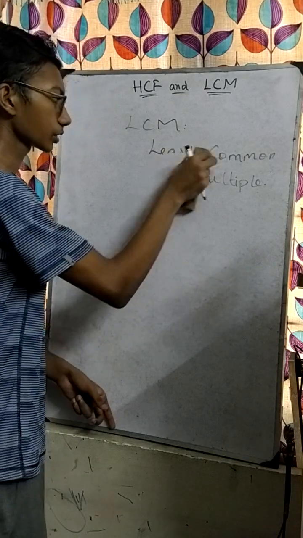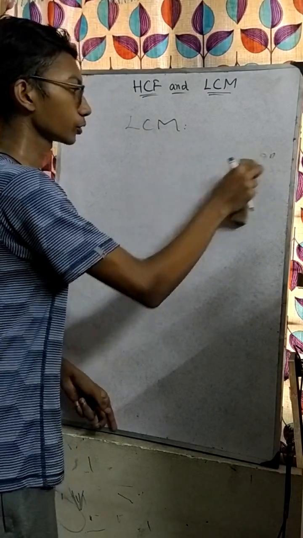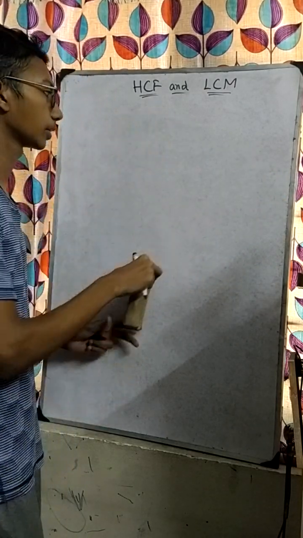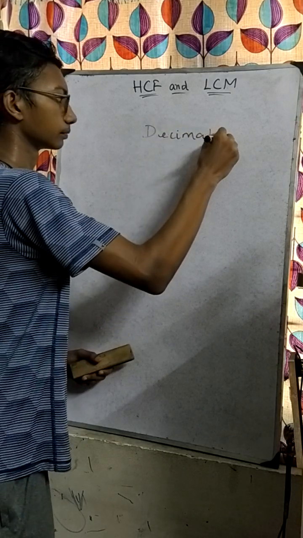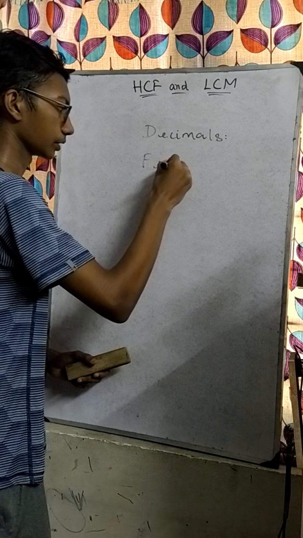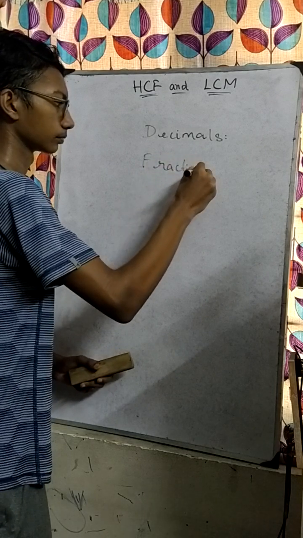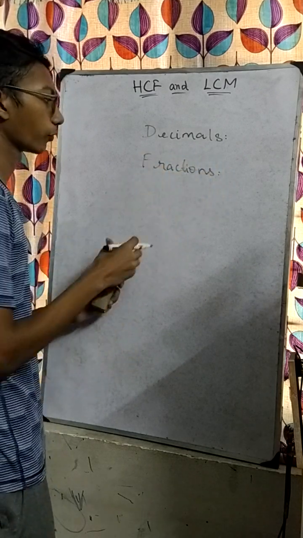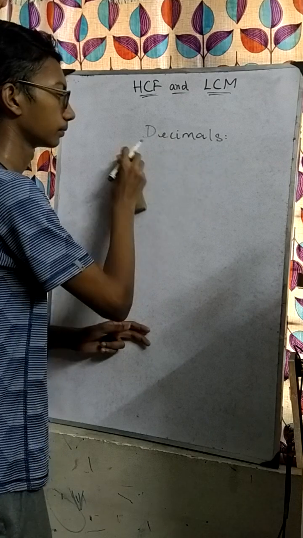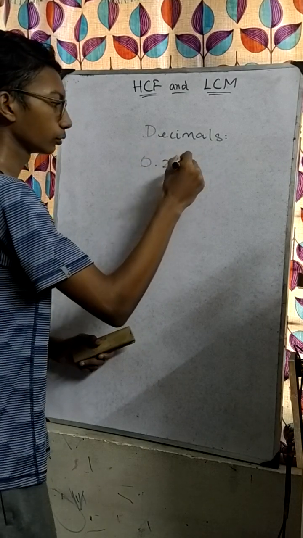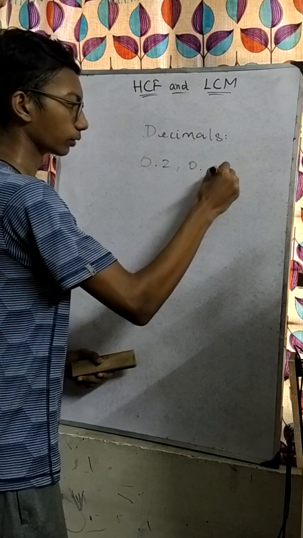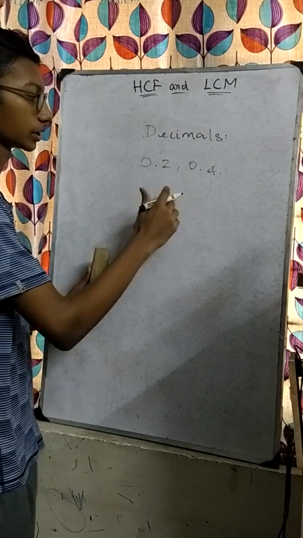Now an interesting thing is, we can also find HCF and LCM for both decimals as well as fractions. So for decimals, let's say we have numbers like 0.2 and 0.4. First we should remove these decimals.